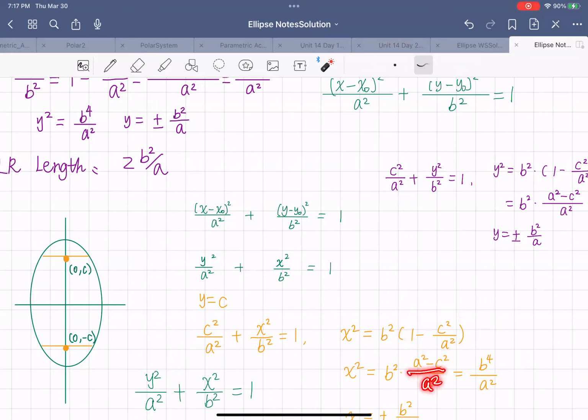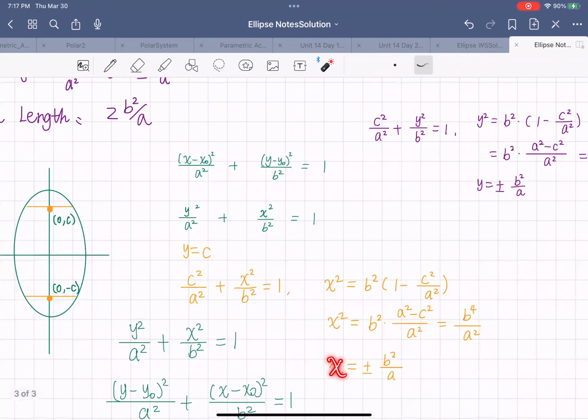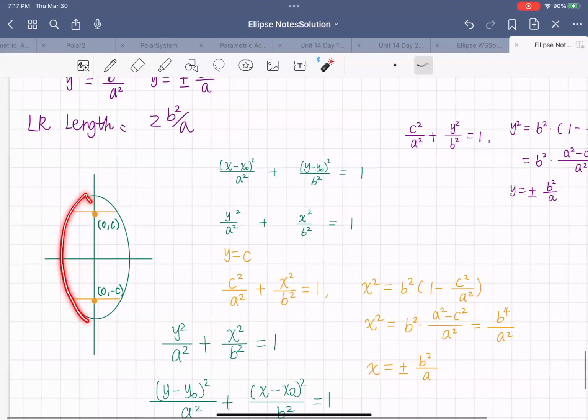This is b squared, so b squared times b squared is b to the power of 4. And you might notice that x squared equals this. So x is plus minus b squared over a. Make sense? So you see, even though this is a vertical direction, the result is the same formula.